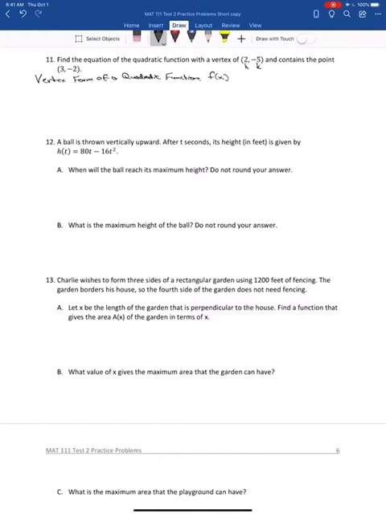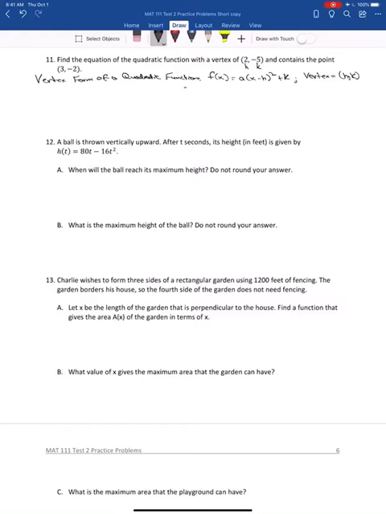So standard form is ax squared plus bx plus c. Vertex form is a times (x minus h) squared plus k. Again, with vertex being the ordered pair (h, k).